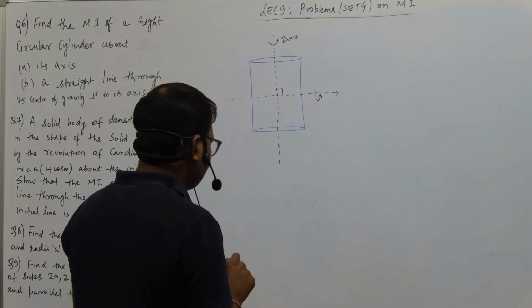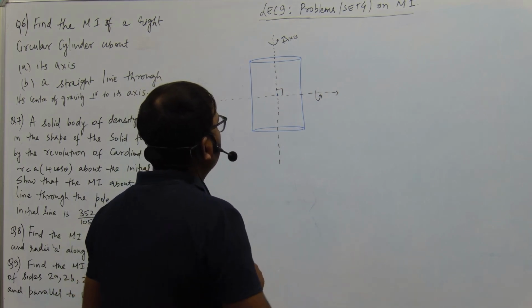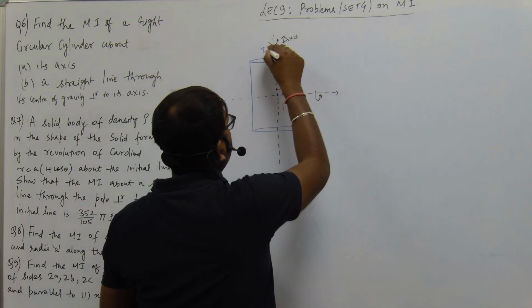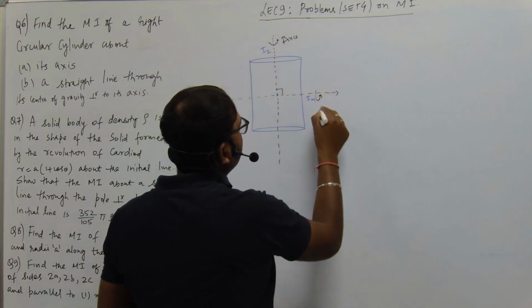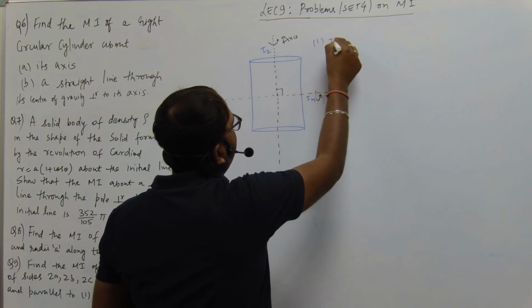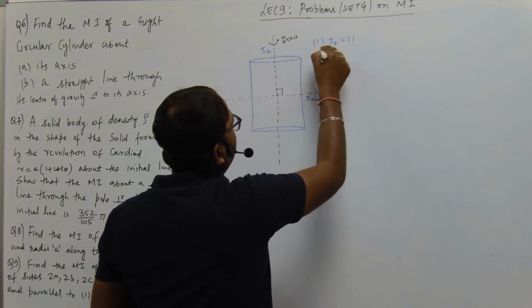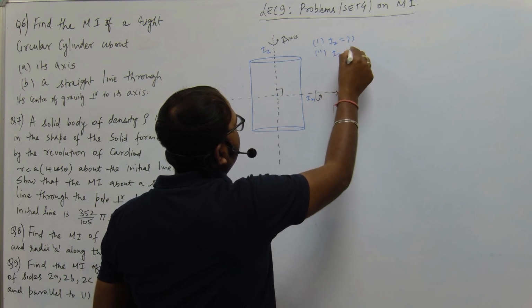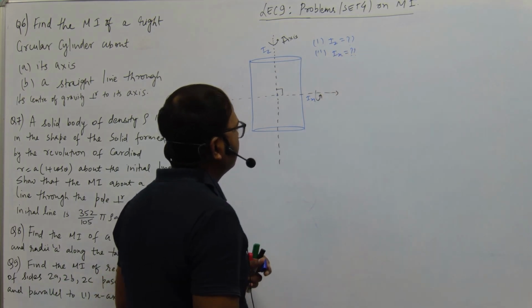So let us take this as Iz and this is Ix. In the first case we have to find the Iz. In the second case we have to find the Ix. Okay, so let us find this.